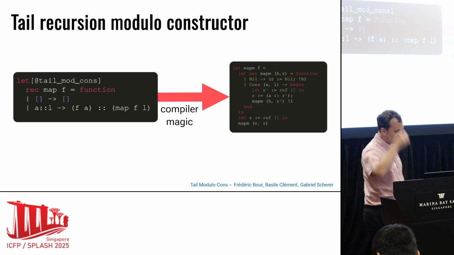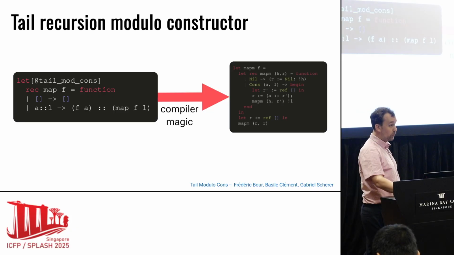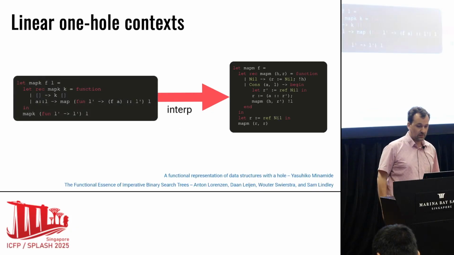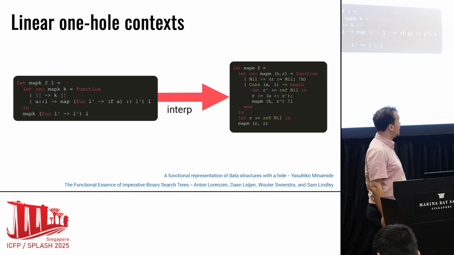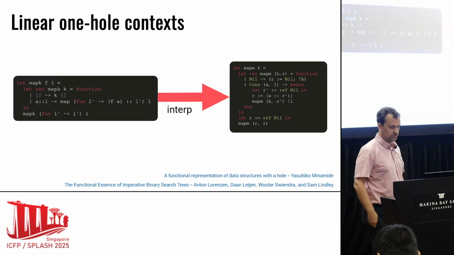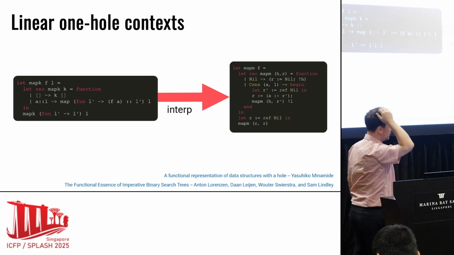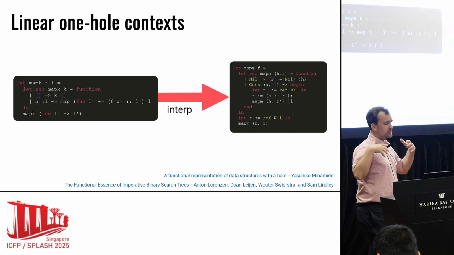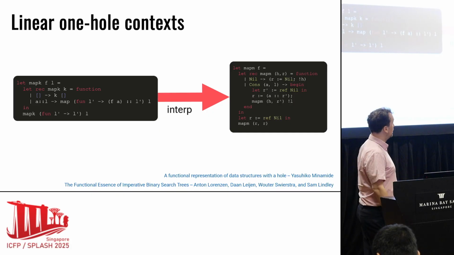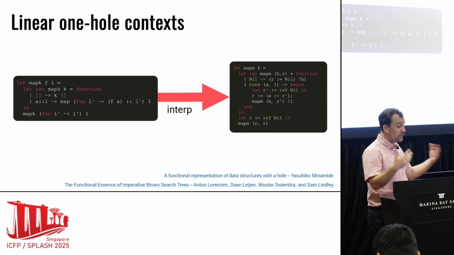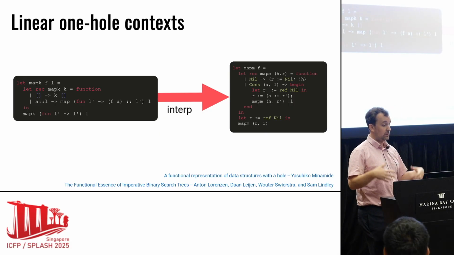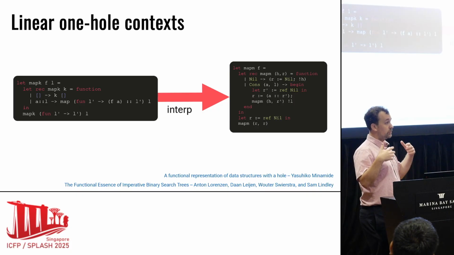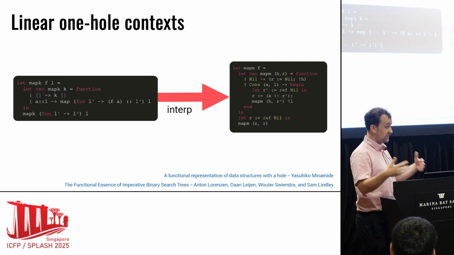So to solve this particular conundrum, I want to go a little bit more back in time, actually, and talk about an observation that Minamide did. I didn't write the date on the slide, so I don't remember when it was, but in the 90s. The observation was, in the continuation passing version of map, you use the continuation in a very specific way.